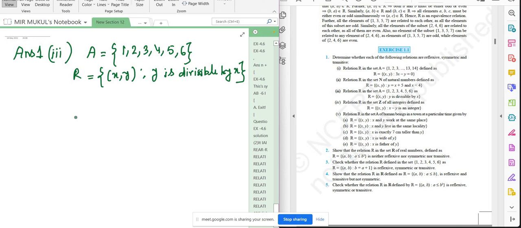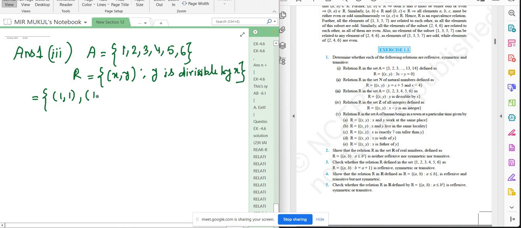In roster form, you want to express it. I think it will be lengthy, or what? Not lengthy. If x is 1, then we can take (1, 1).